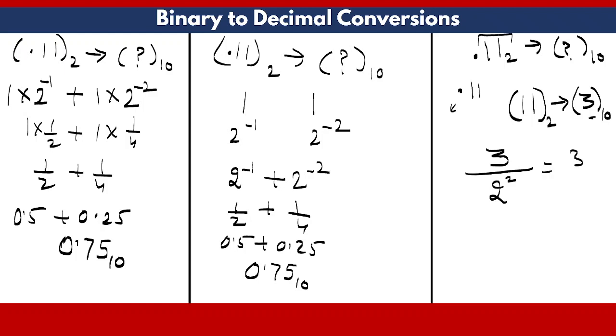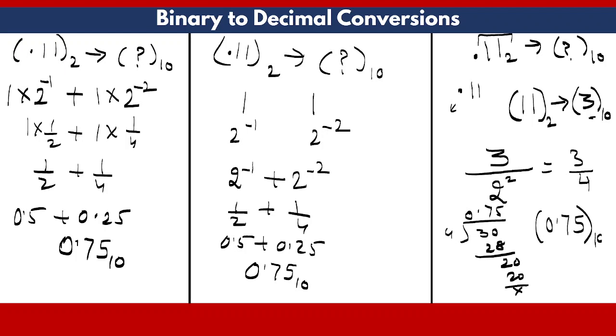Now this will become 3 by 4, right? And now if you calculate 3 divided by 4, 4 sevens are 28 and 4 fives are 20. So see, your answer is 0.75 in decimal.